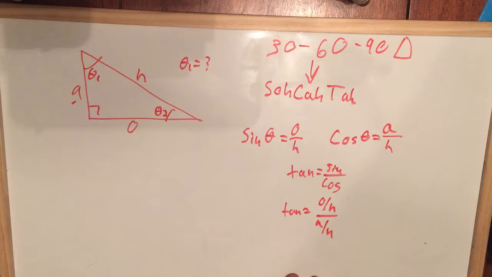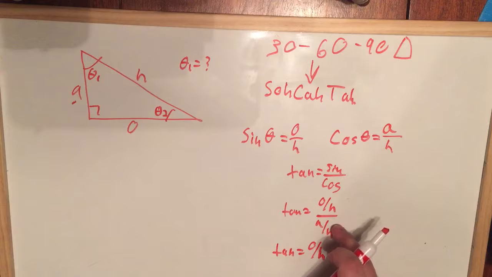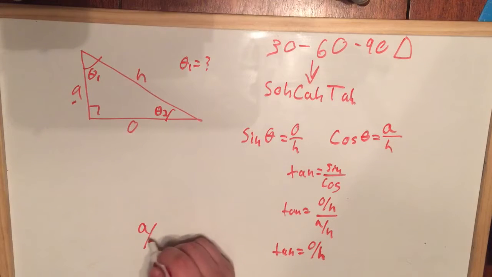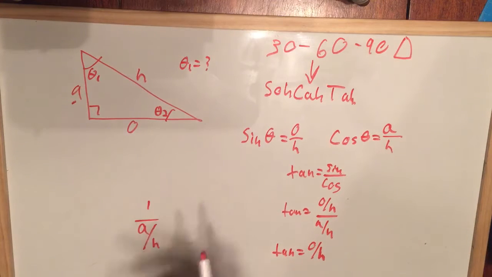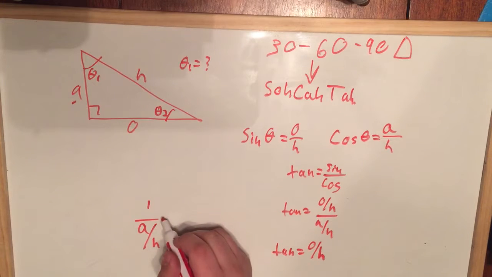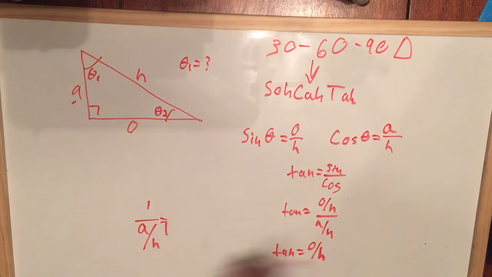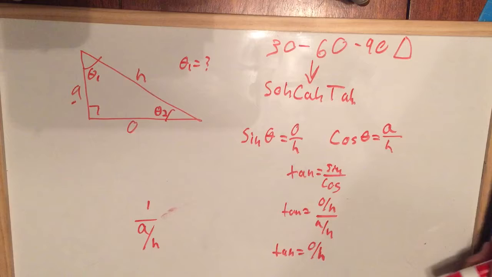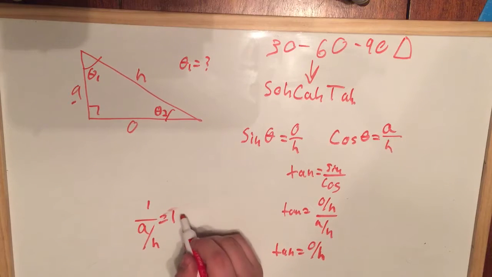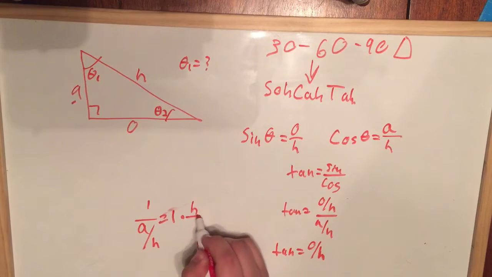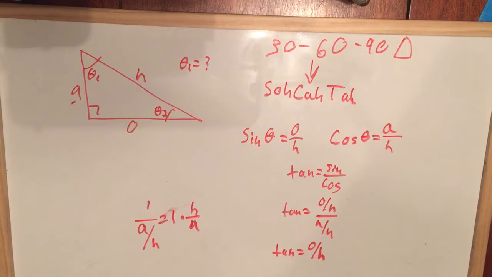And we're going to have that simplified to tangent is equal to the opposite over the hypotenuse, and we have to multiply that by the reciprocal of this, meaning that we're going to take the A over the H, and if it's, this is basic, we're going to be taking 1, which is equal to 1 times the hypotenuse over the adjacent.